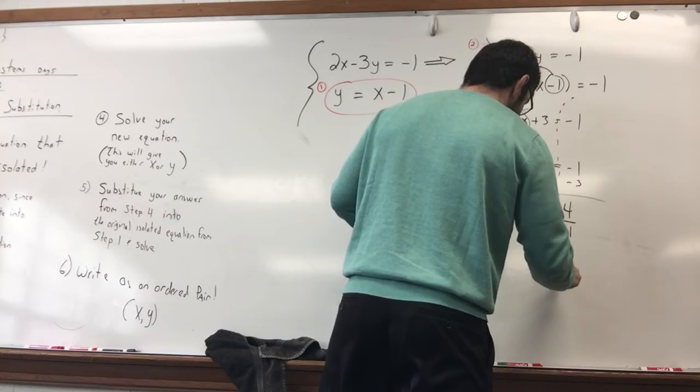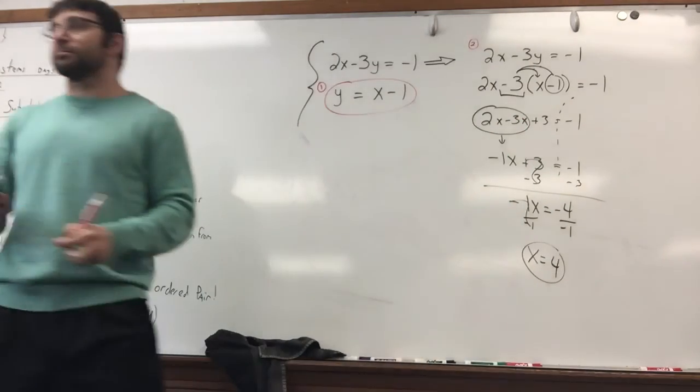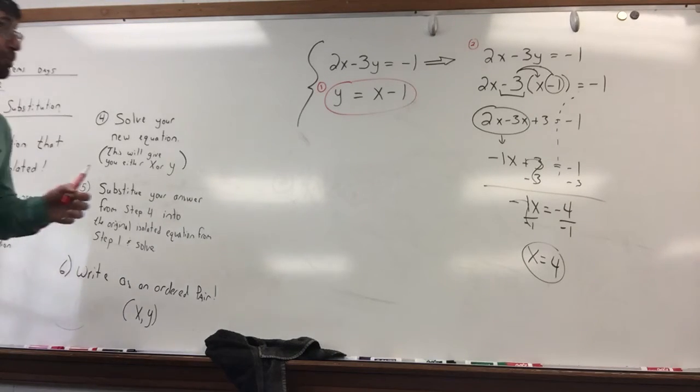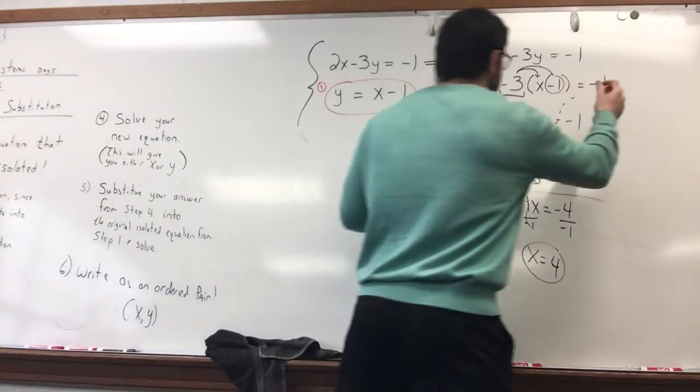X equals 4. Show of hands, who got that one? A bunch of us. Okay, if you made your mistake, do you see where you made a mistake? Yeah. That's all right.